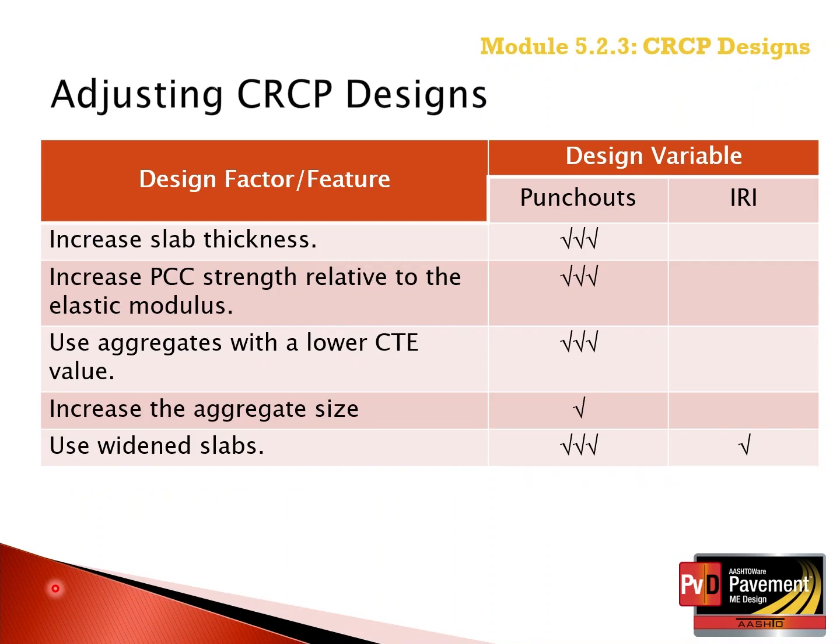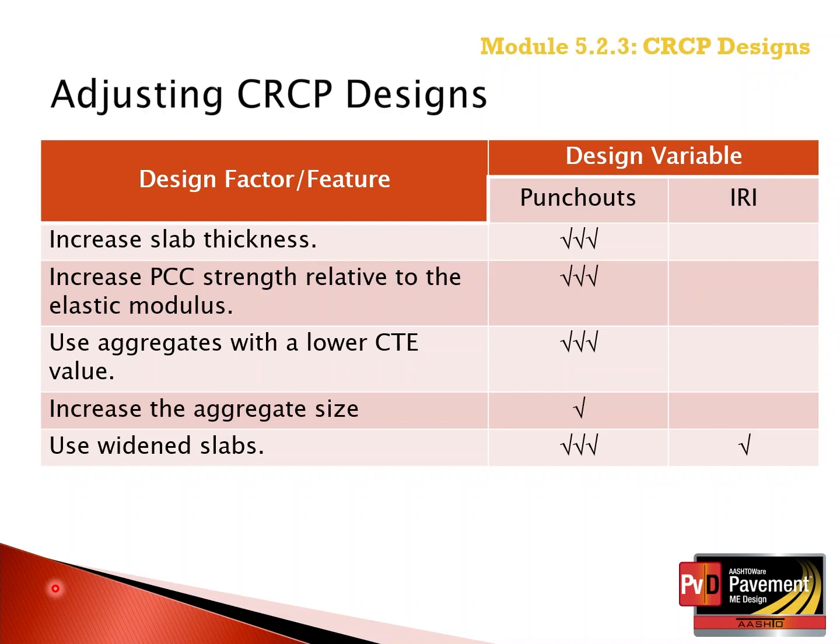The table displayed in this slide simply illustrates the importance of the design factor or feature in changing the distress variable. Three check marks indicate the distress variable is highly dependent on the design property or feature or factor.